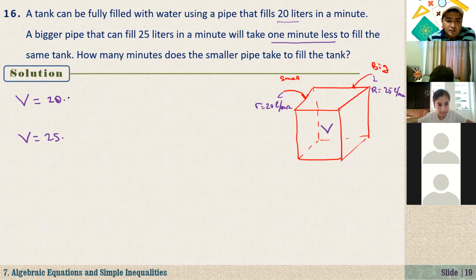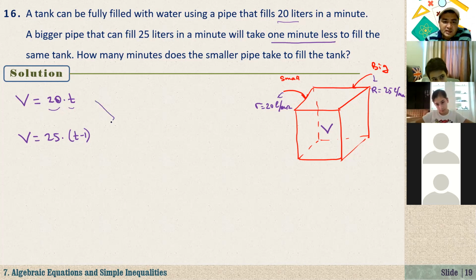So if the smaller pipe takes t minutes, the bigger pipe takes t minus 1 minutes, right? How many minutes does the smaller pipe take to fill the tank? That's the question. Every minute, 20 liters of water is pouring from the smaller pipe, so after t minutes, the water poured from the smaller pipe is V liters.